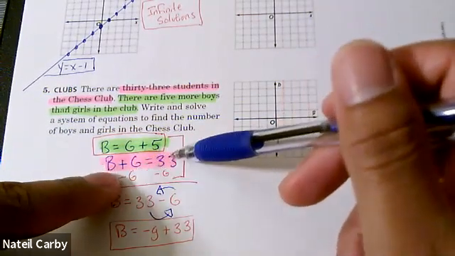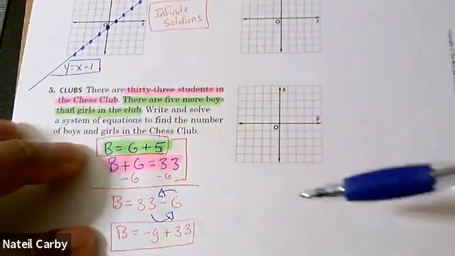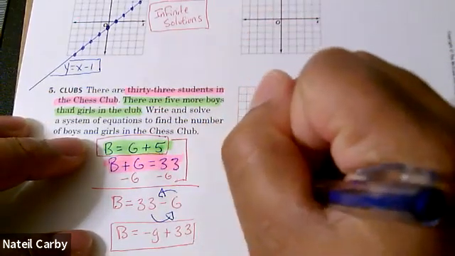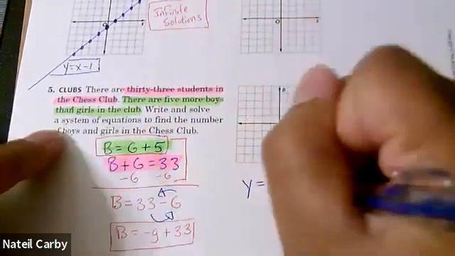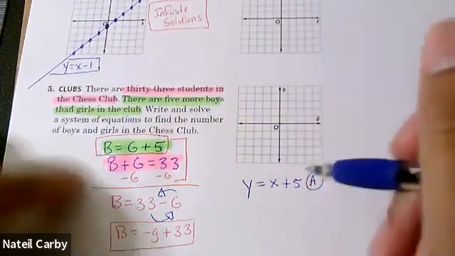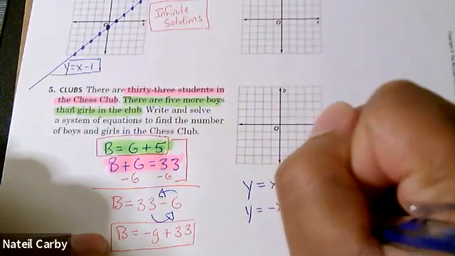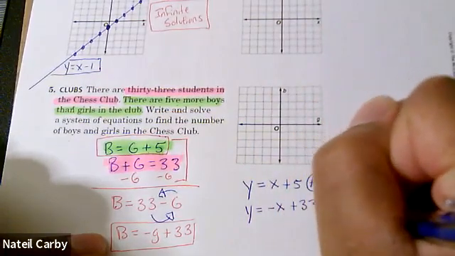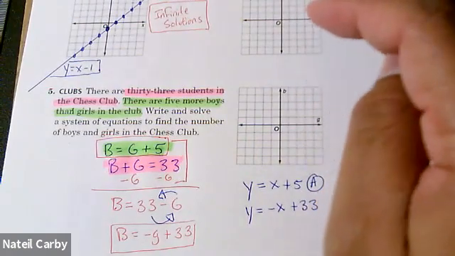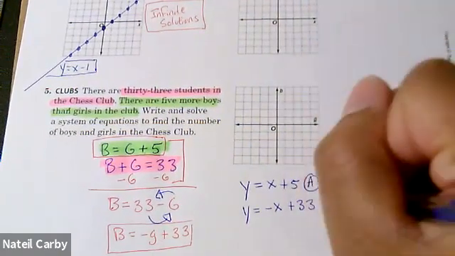That's why I subtracted G, flipped it around. Now I'm good. So I'm going to use these two. And again, replace the B with Y if you want. So we got Y is equal to X plus 5. And then equation B, we have Y is equal to negative X plus 33.